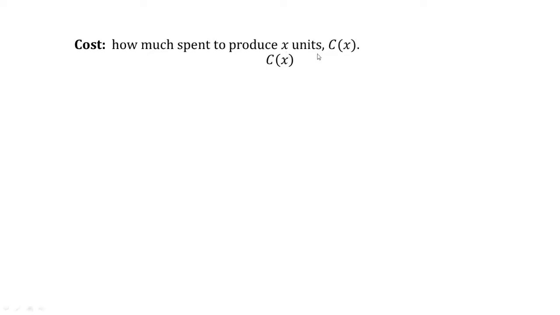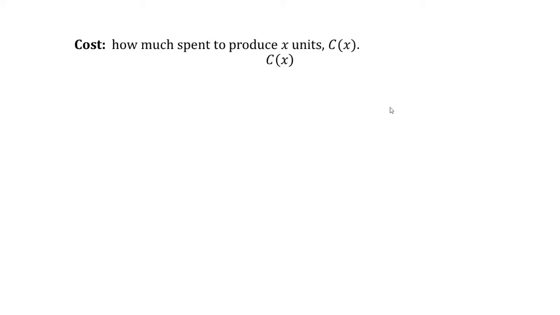The first thing you need to consider is cost. Cost simply indicates how much is being spent to produce X units. X here represents the quantity. A lot of the time in business applications, cost depends on the quantity being produced.